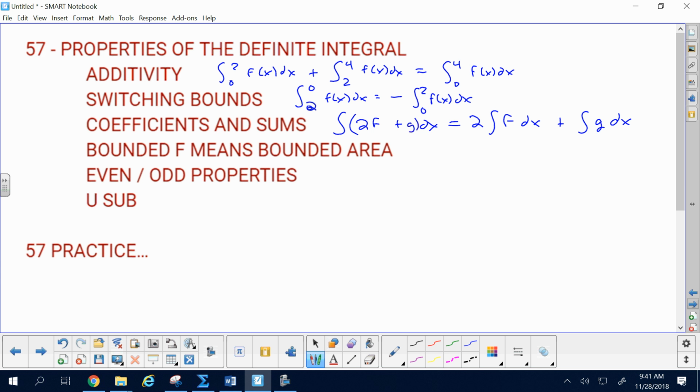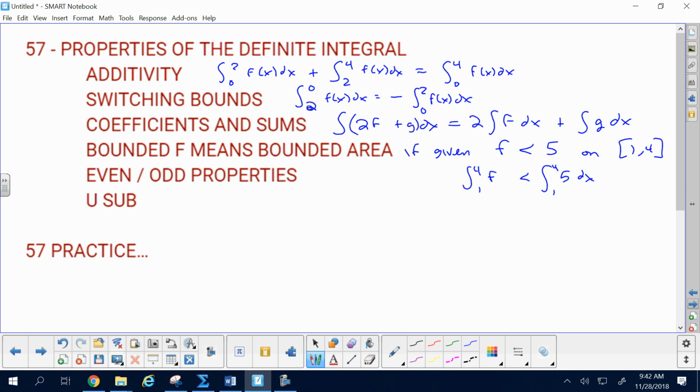Bounded f means bounded area. If you're given that f is less than 5 on an interval, say 1 to 4, then y is only this big, which implies a restriction on the area as well. The area under f on 1 to 4 must be less than the area under 5 on 1 to 4.